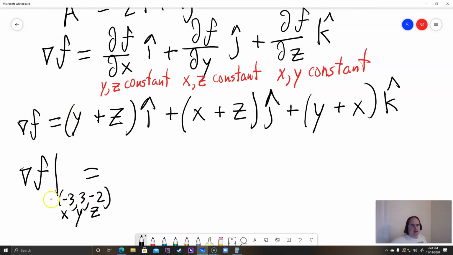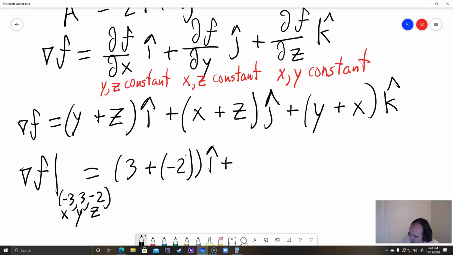So plugging everything in, y plus z is going to be 3 plus -2. So we have 3 plus -2 times i. And then we have x plus z, which is -3 plus -2 times j.